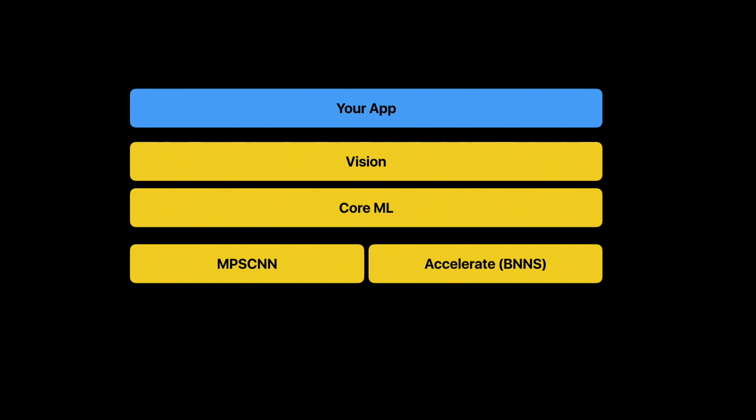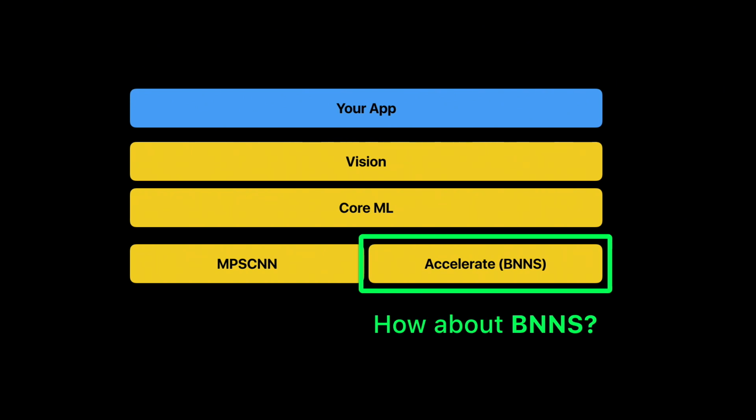Here, you might have a question. How about BNNS in the Accelerate framework? As you know, the Accelerate framework is a library of mathematical computations and image calculations optimized for CPU. I had the same question.